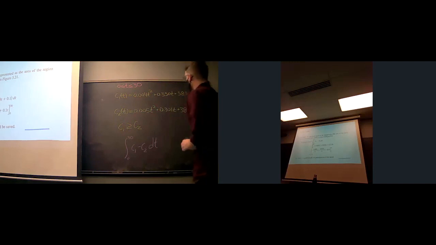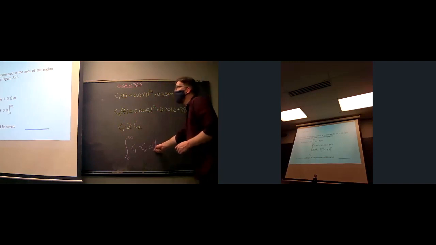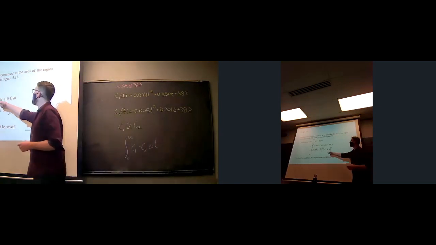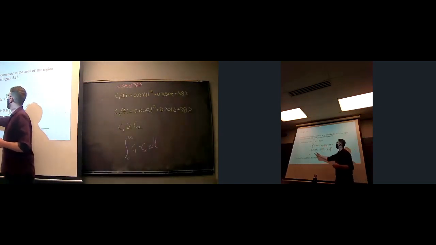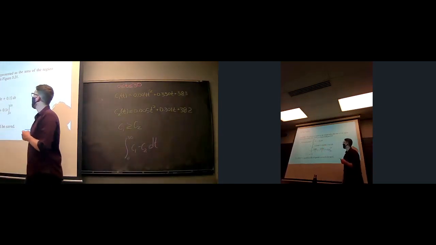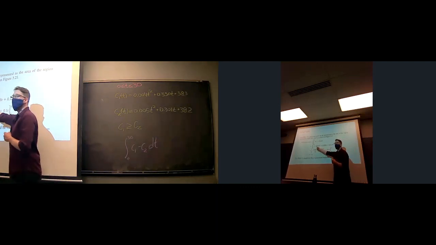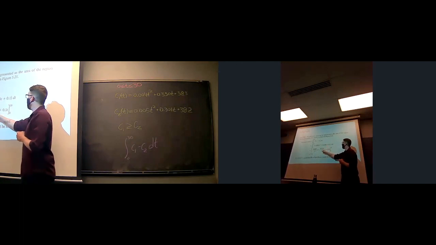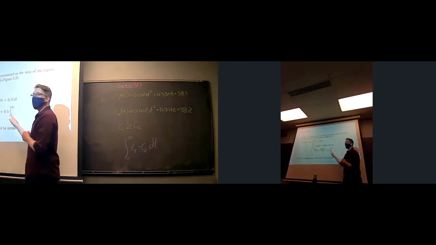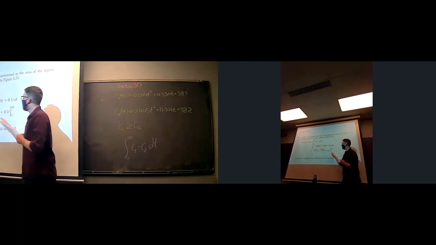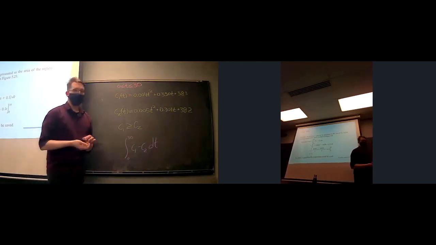Having set up this integration, once we throw in what our functions actually are for C1 and C2, we can simplify the integrand. Then we can do the integration. Then we can take the difference at the boundaries. Then we can do the arithmetic.